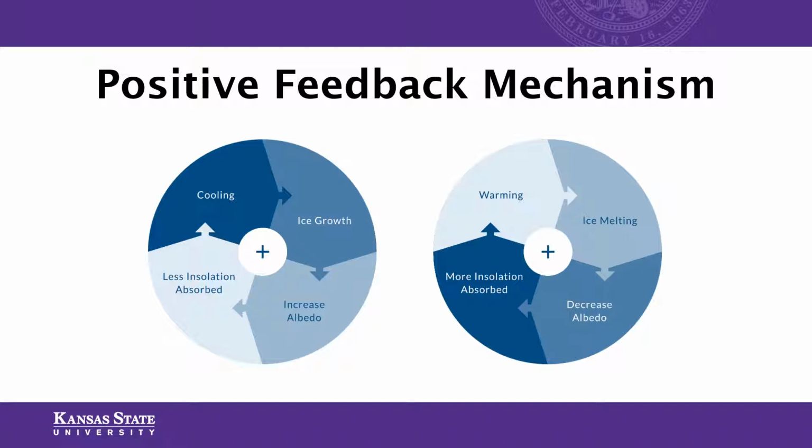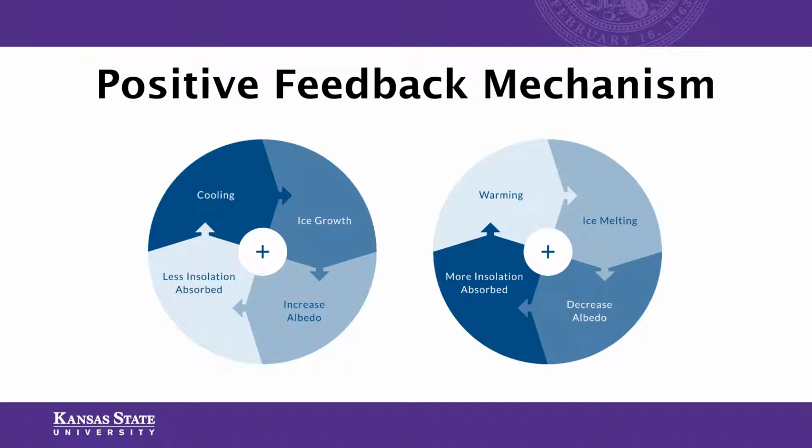You can also have a positive feedback loop where Earth's temperatures actually end up increasing. And this is where we're at currently. We have over time seen a warming trend within our global temperatures. As it gets warmer on the Earth's surface, more and more of our ice melts. If we have less ice globally, we have a decrease in our albedo.